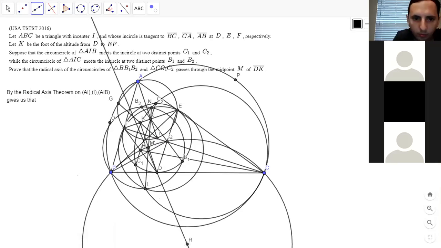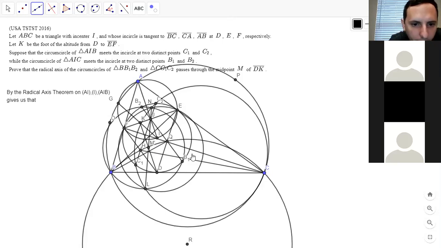Okay, so first I could prove that J lies on the radical axis. We've proven that J lies on LN. Second, if you call CH cut BQ at one point.